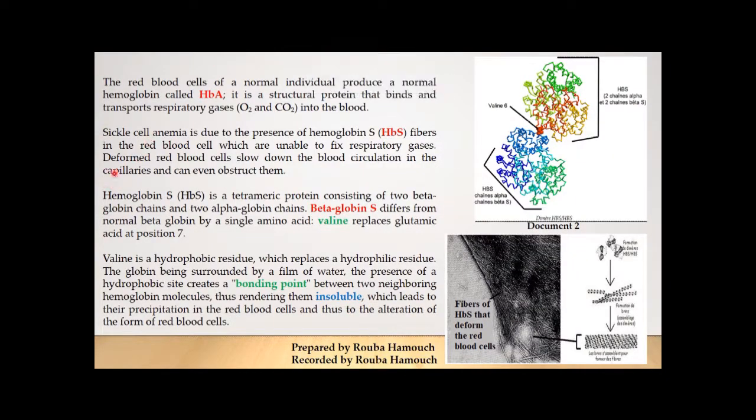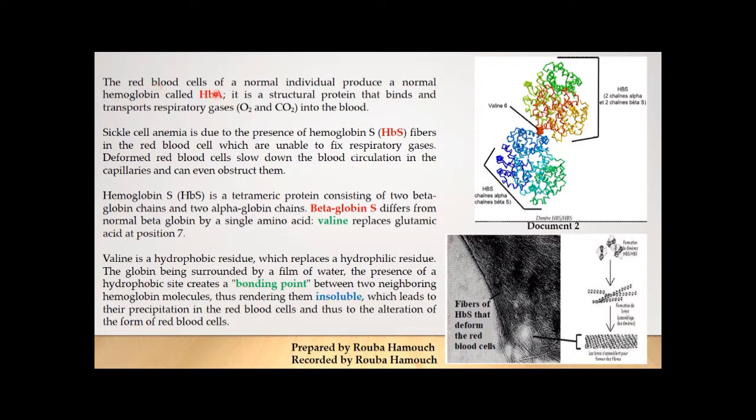Now, the red blood cells of a normal individual produce a normal hemoglobin. Now we pass to the cellular and the molecular level of sickle cell anemia. So anemia is the macroscopic level, characterized by pale color, fatigue, etc. Now we pass to discuss the cellular and the molecular levels of the phenotype in the case of sickle cell anemia.